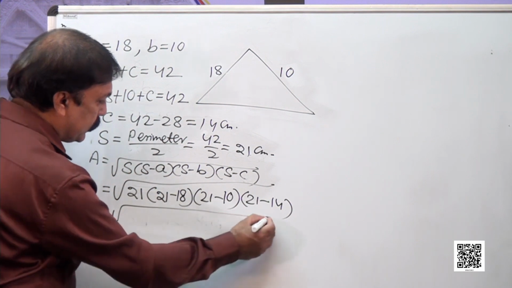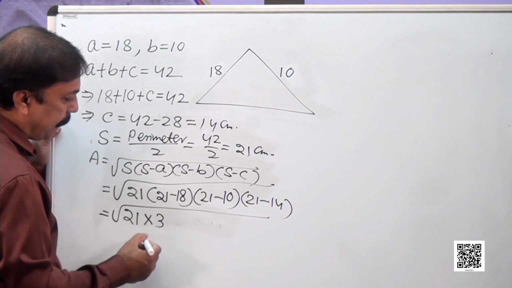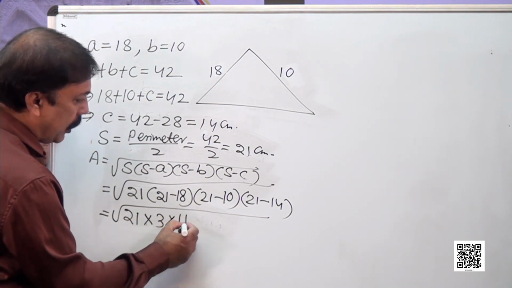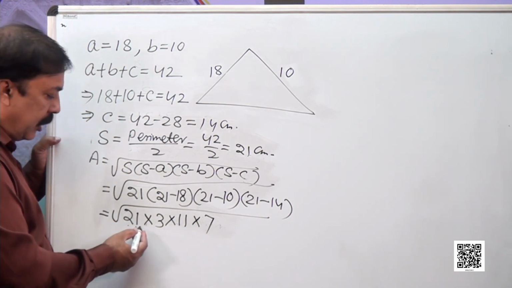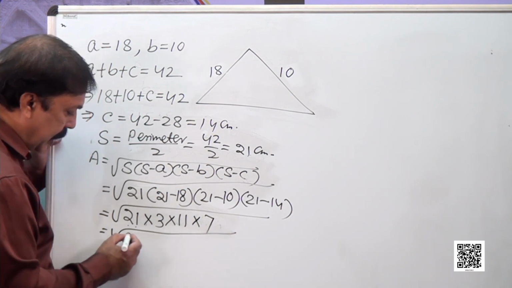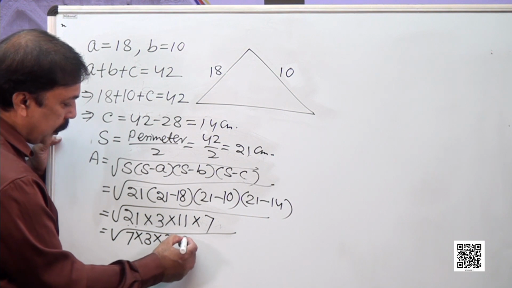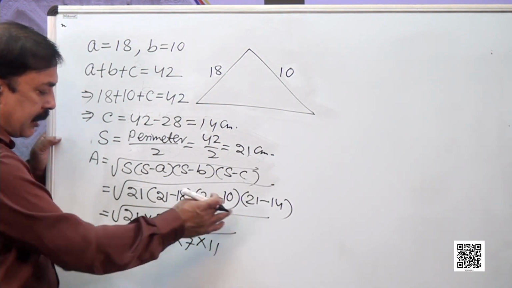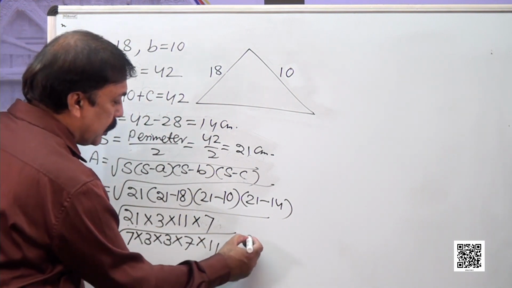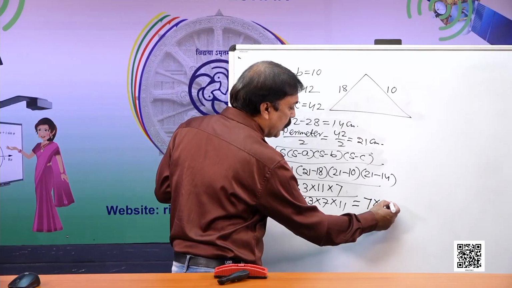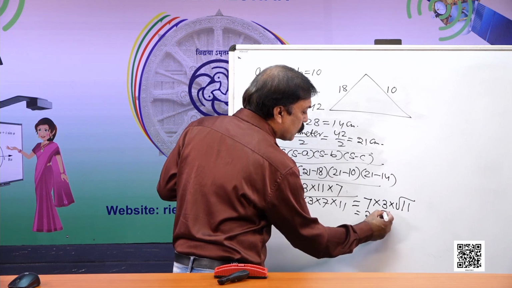So this gives square root of 21 into 3 into 11 into 7. Now see here 21 is 7 into 3. So we can write this as 7 into 3 into 3 into 7 into 11. If we rearrange this, we have two 7s and two 3s. So in the square root we have 7 into 3 into square root of 11, that is 21 square root 11.